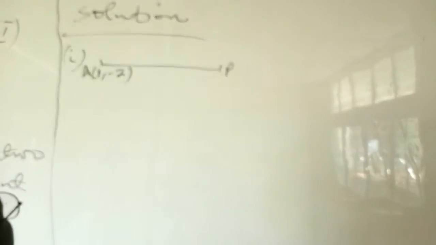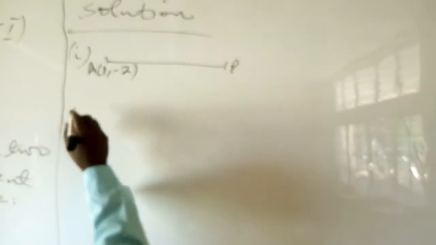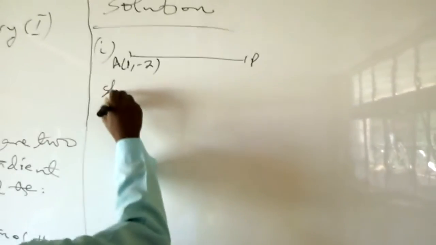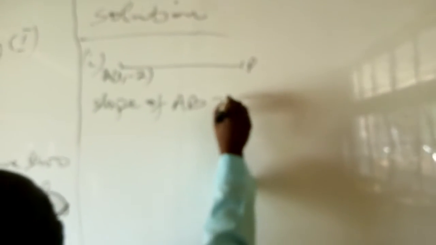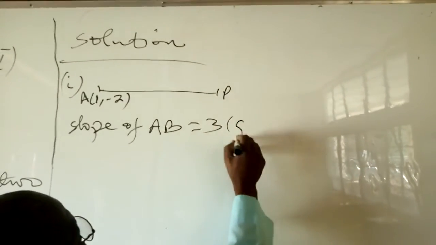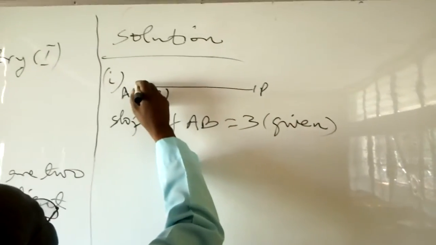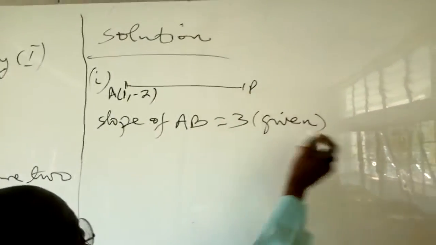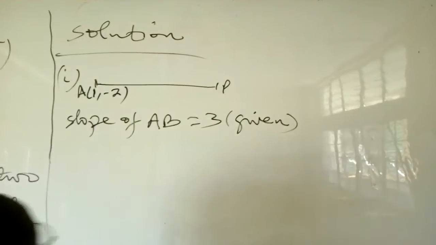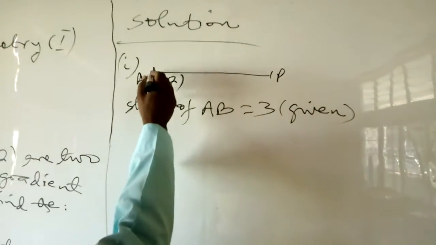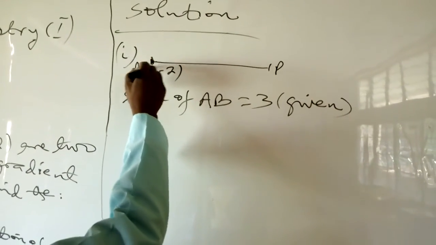We don't know the coordinates, but we know the slope. The slope of AP is equal to 3. How do we know? The slope of this line AP is given in the question to be 3.